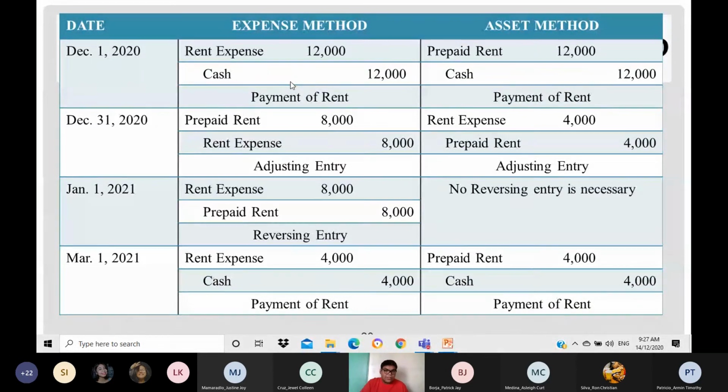It is only considered as an asset because at the end of the accounting period, it may still be prepaid. So ginagawa lang siyang asset, considered as an asset due to being prepaid or not yet used up. So hindi mo pa siya nagagamit.